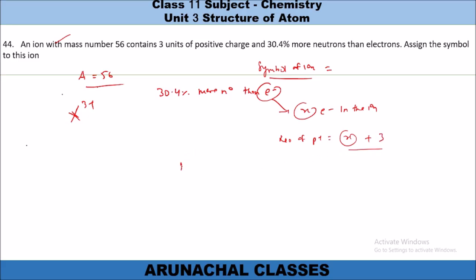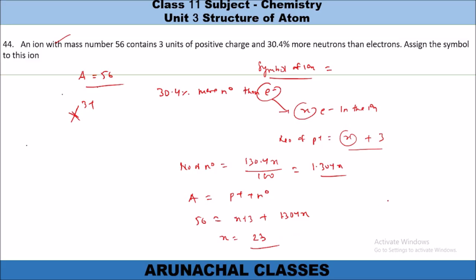Now, as per the question, the number of neutrons will be 130.4 x divided by 100, that is 1.304x. Now the mass number is equal to the number of protons plus the number of neutrons. So the mass number is 56, the number of protons is x plus 3, and the number of neutrons is 1.304x. Solving this, the x value is 23, meaning there are this many electrons in the ion.